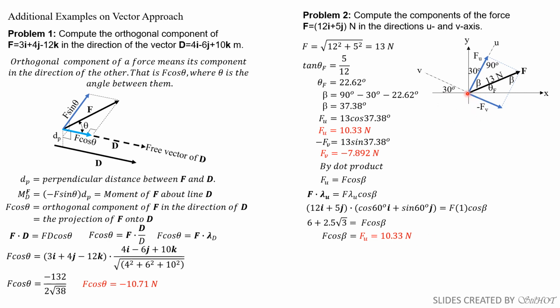F sub V in this direction is F dot lambda of V. Since this is 30 degrees, the angle it makes with the positive x-axis is 150 degrees.